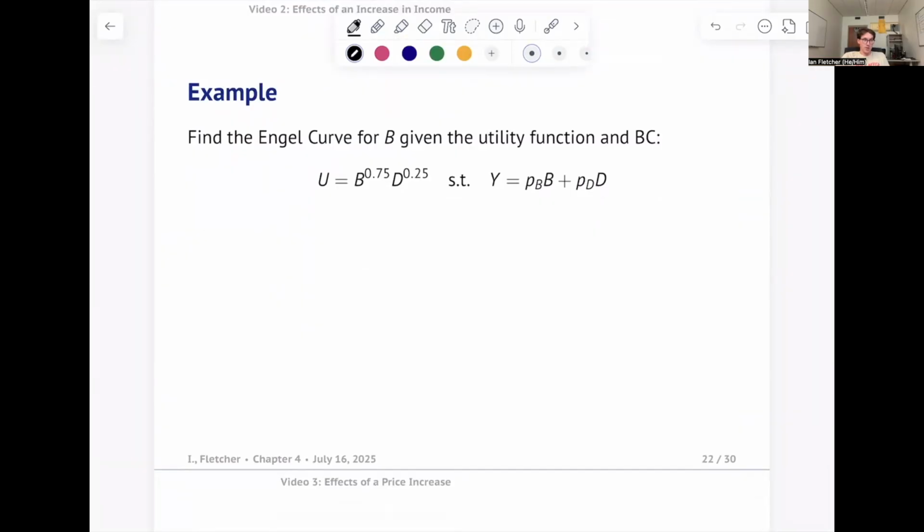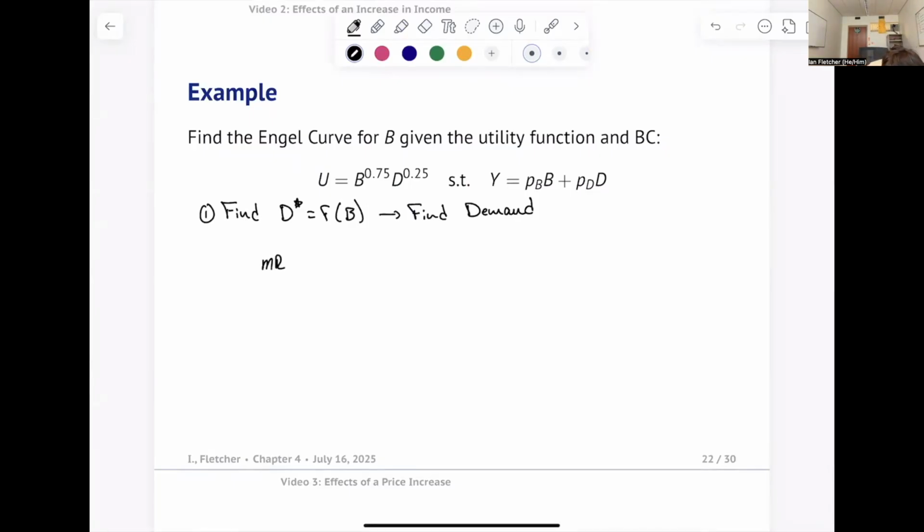So first, let's find our donuts as a function of beer. In other words, let's find our demand. When we find demand, we can just use our MRS again, because this is super easy to use. We're going to go UB over UD.